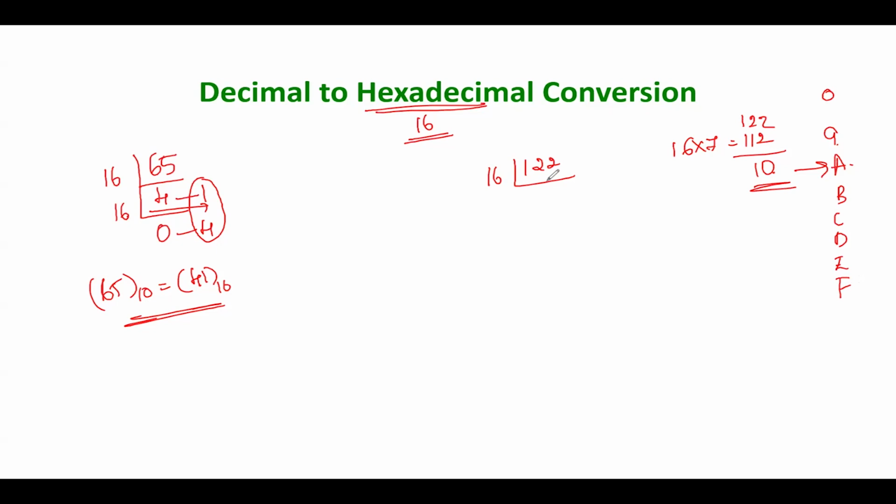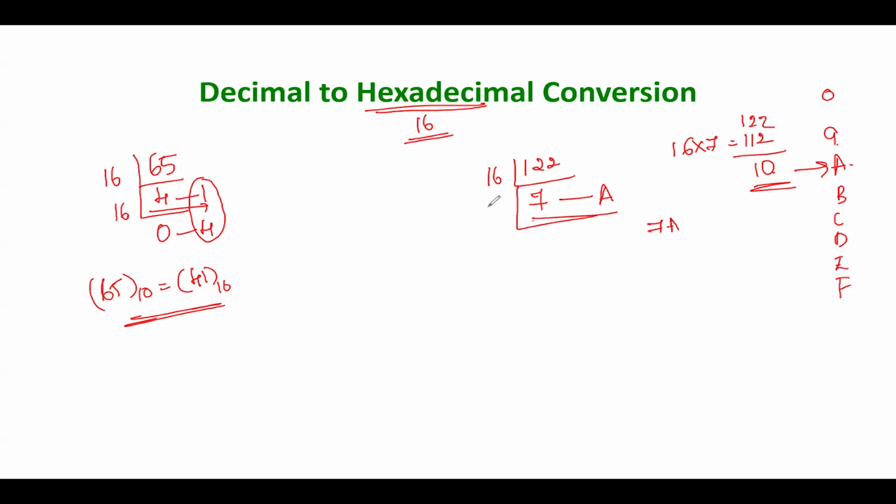So 16 divides 122 how many times? 7 times. And what is the remainder? Remainder is 10. That 10 I'll write as A. Since it is 7, I can end it here. So the converted number is 7A.